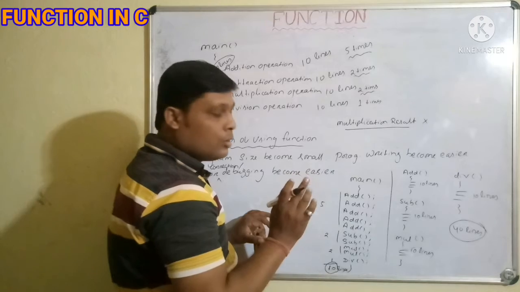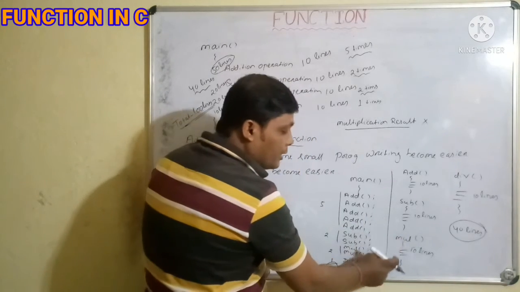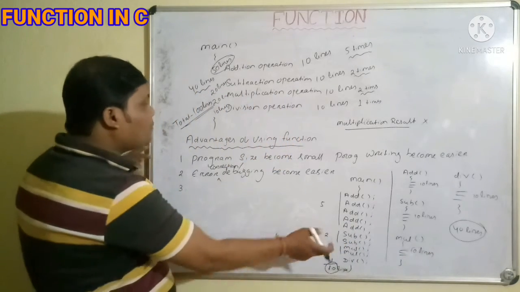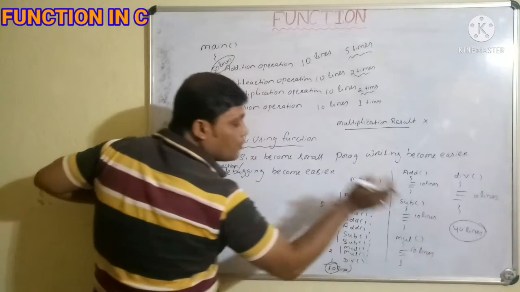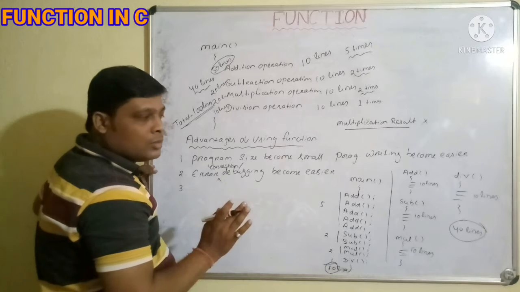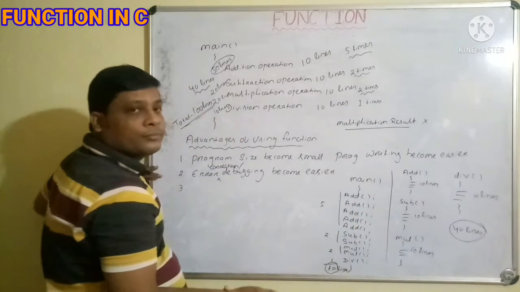Clear? You will directly go to the multiplication part and check only 10 lines, instead of checking 100 lines. So error correction and debugging become easier.